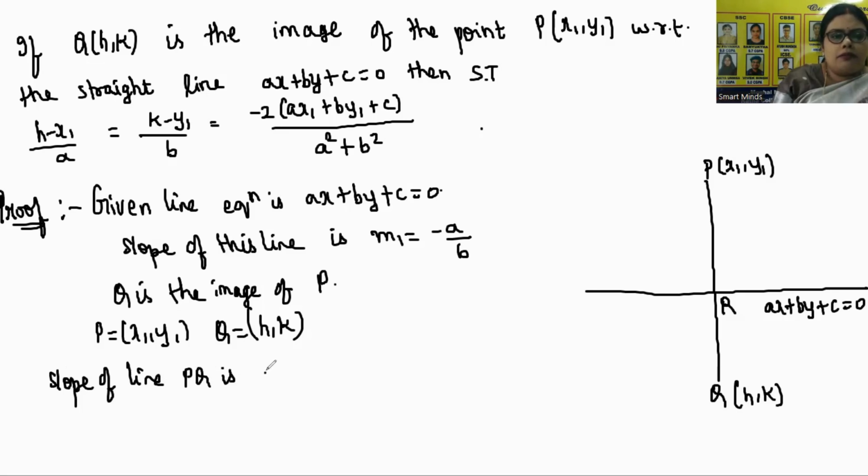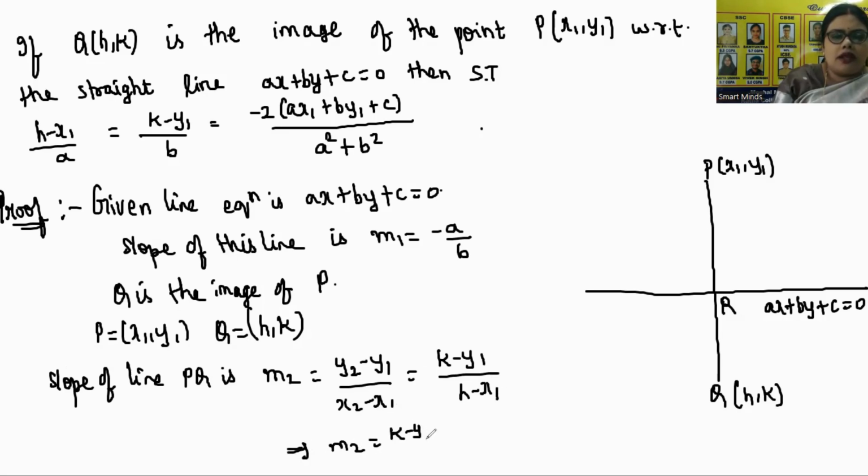Let us denote it by m2. The formula when two points are given is (y2 - y1)/(x2 - x1). So that is (k - y1)/(h - x1). So we got m2 as (k - y1)/(h - x1).